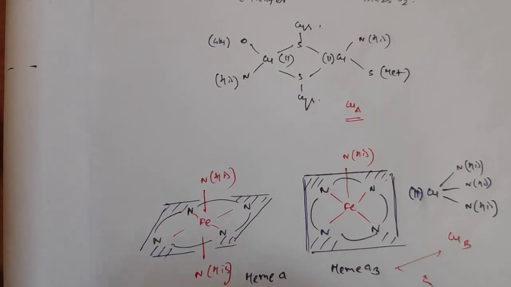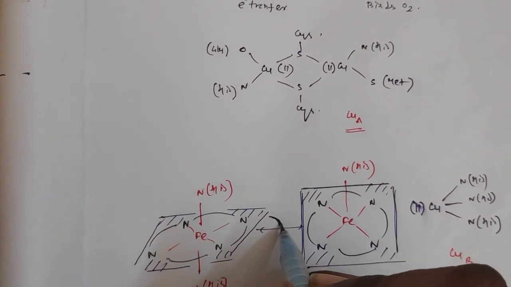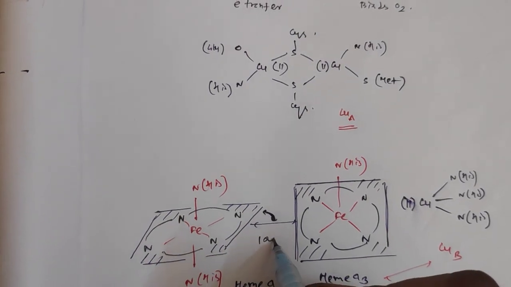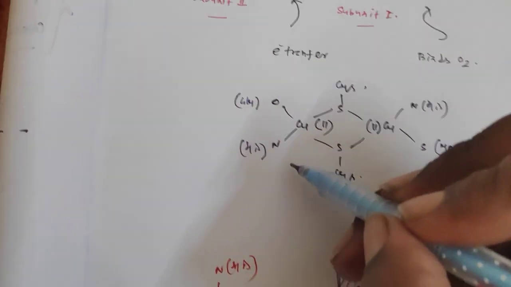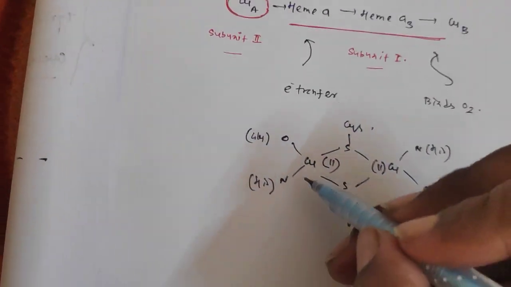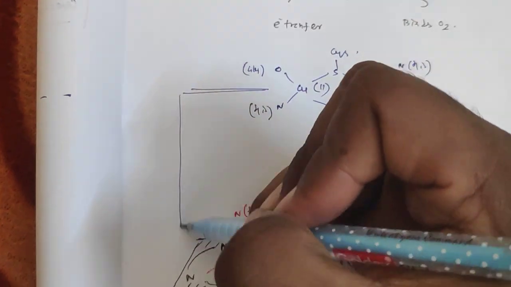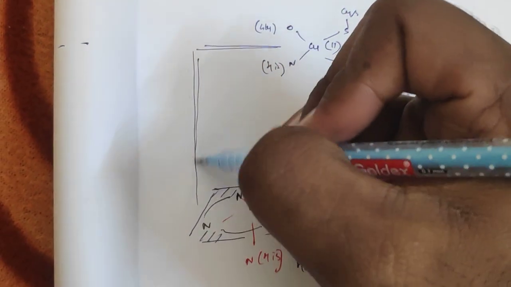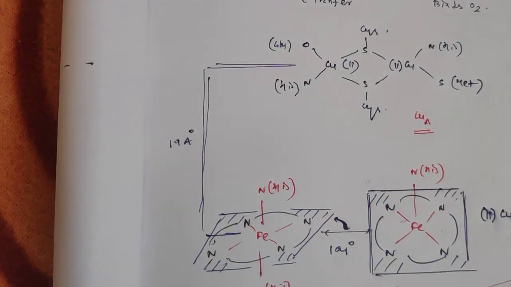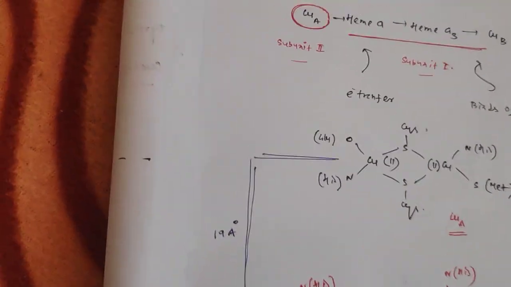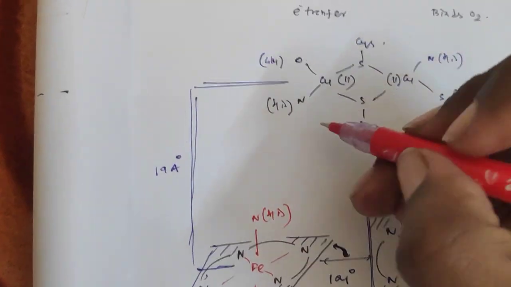So they are not in the same plane, and the dihedral angle, so this is the dihedral angle, is basically 104 degrees. Okay, and the distance between copper A and heme A is almost around 19 angstrom.